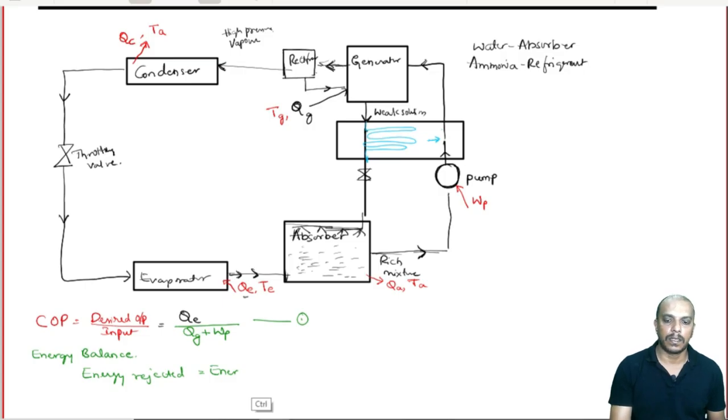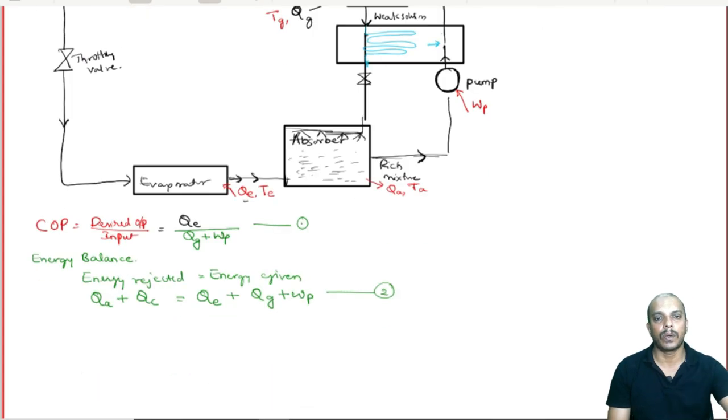Energy rejected can be seen from the condenser and absorber, so QA plus QC. These are the two forms of energy going out. Energy absorbed by the refrigerant will be QE, that is evaporator energy, plus QG, that is energy given to the generator, and then we have WP, which is the work given to the pump.